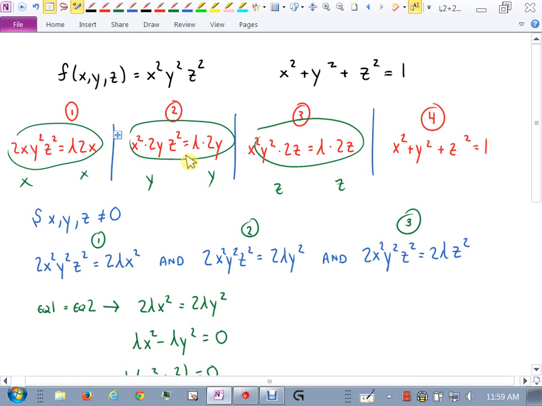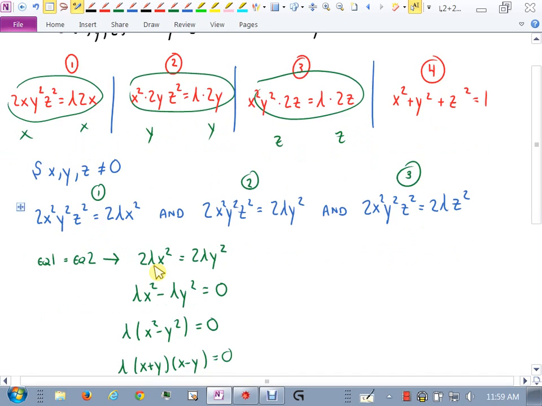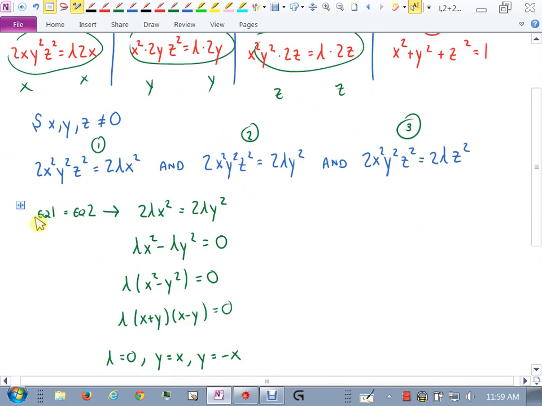Yeah. Yes. To get to... I did equation 1 and 2. I set those 2 equal to each other.